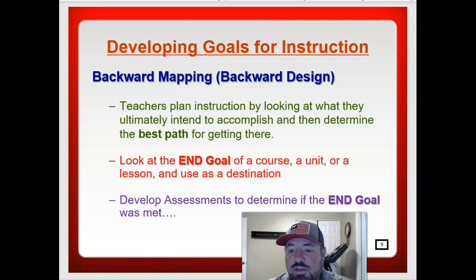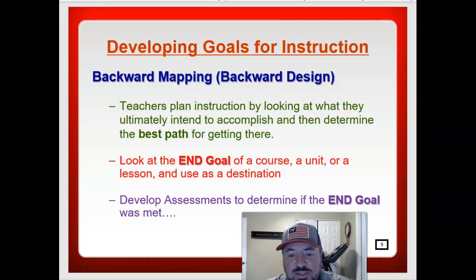Is it a long enough end goal that we need to make several stops? If we're driving to Memphis from Jefferson City, are we going to have to take a lunch break, several bathroom breaks? Is it a longer trip, or just a short trip where we don't make any stops? We go somewhere and we get there. So consider that a long trip could be a unit, a short trip could be a lesson.